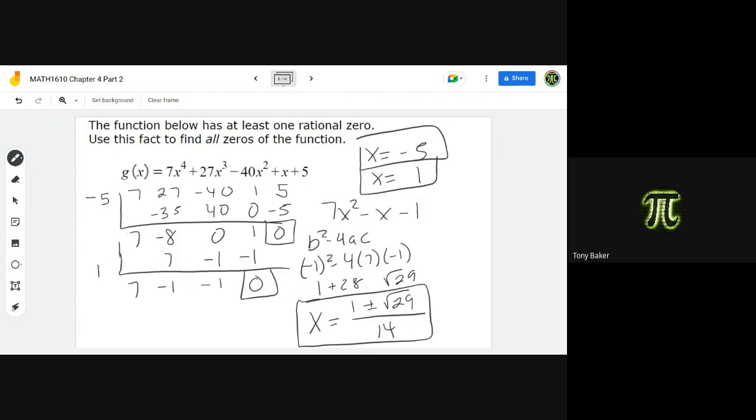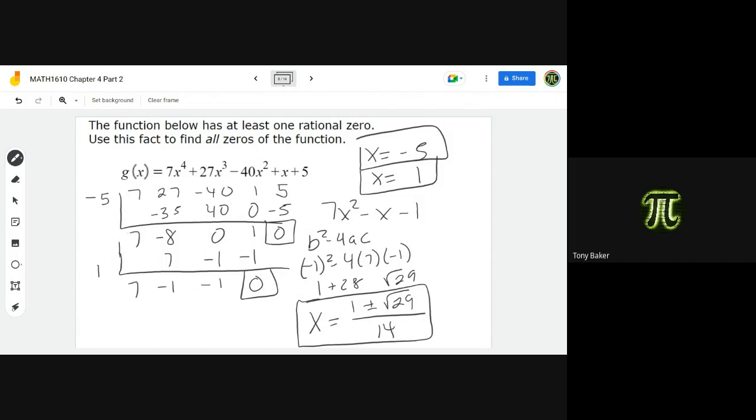So yeah, you're going to use the graphing calculator to find the rational ones. We're using the rational zero theorem to figure out where I'm looking because I know nothing's going to be bigger or smaller than that. Then we can use that to narrow things down, and then we'll have the quadratic formula to do the quadratic. If you don't have a calculator, you could do P over Q for this one.